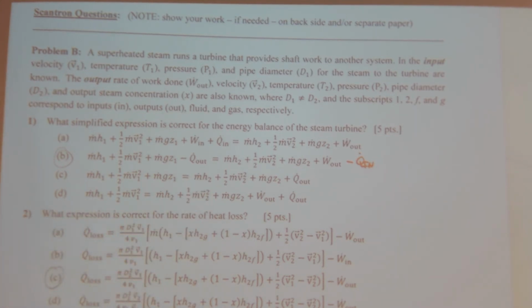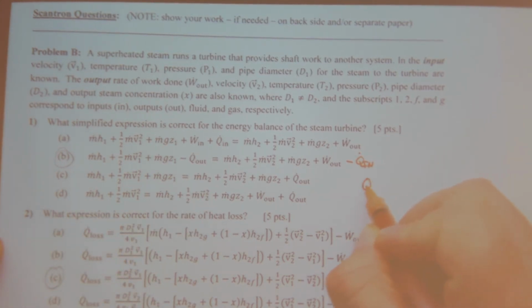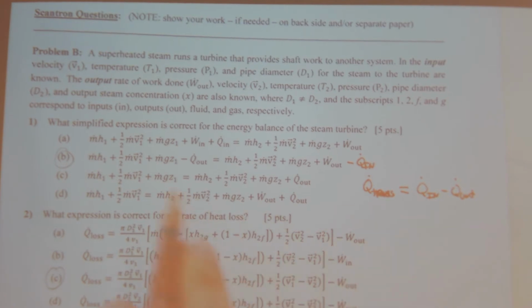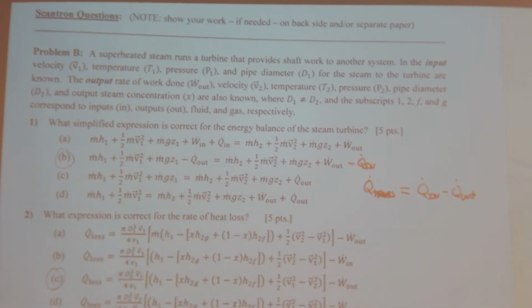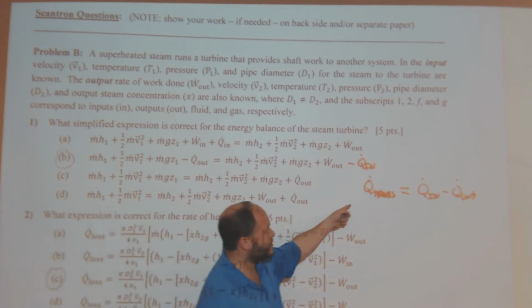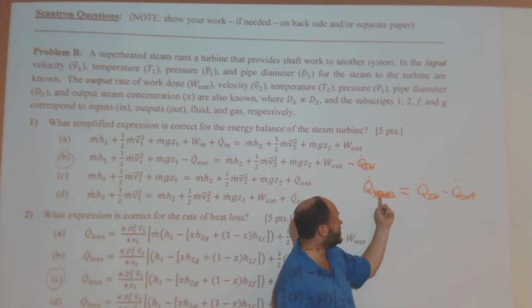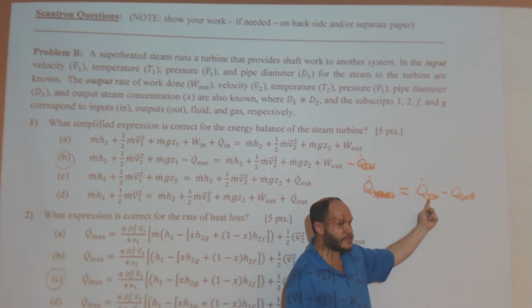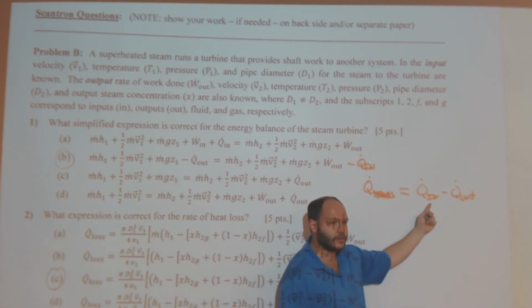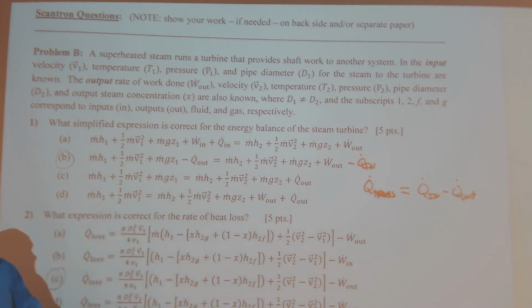So I could have Q dot trans equals Q dot in minus Q dot out. When Q dot trans is negative, that implies that heat is leaving the system. When Q dot trans is positive, that implies the net heat is coming in. I could do the same with work, but anyway, you get the idea.